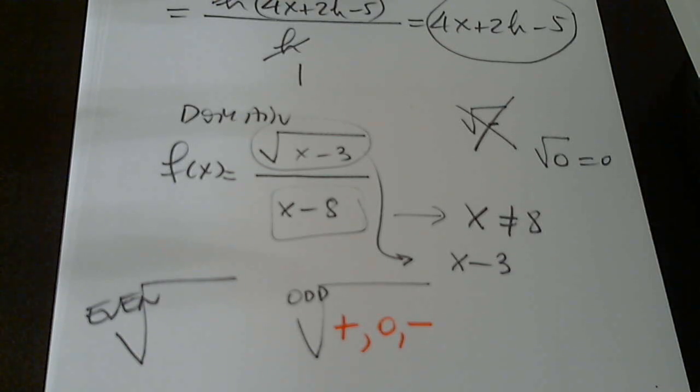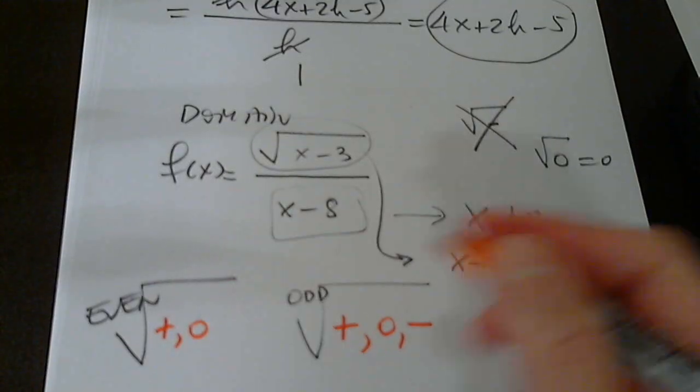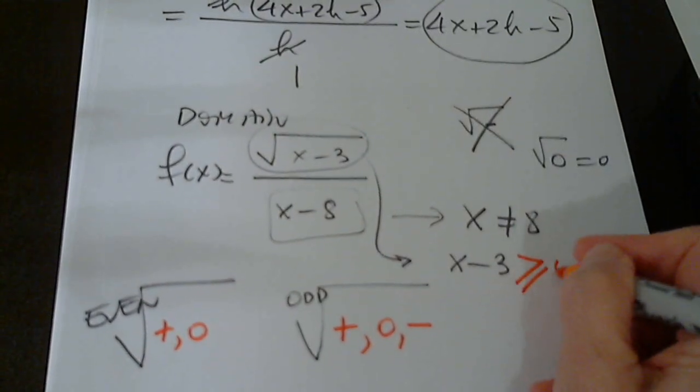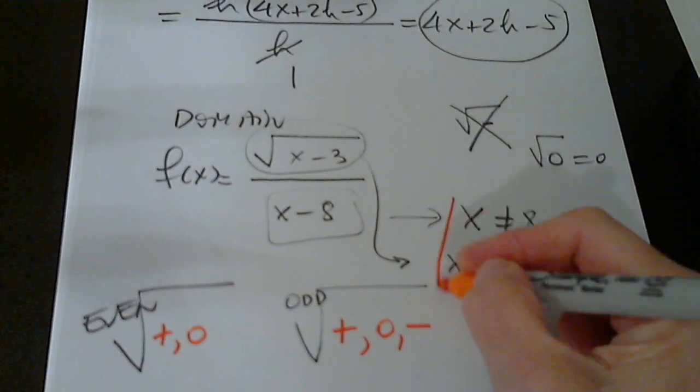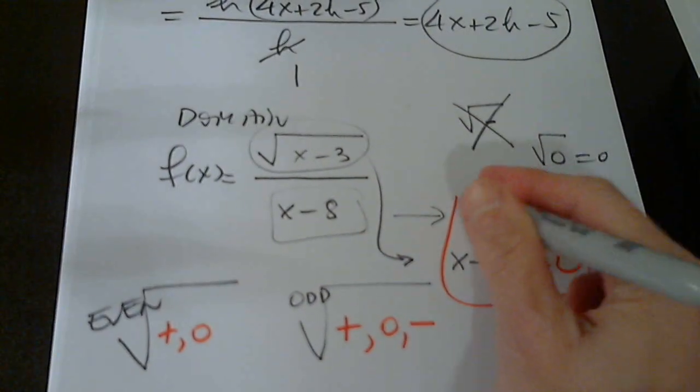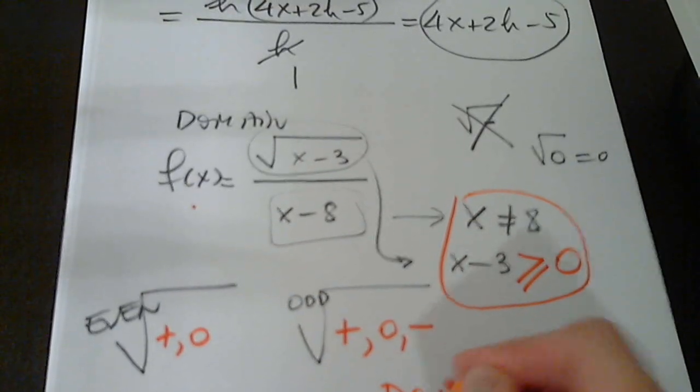There is no negative. Exactly. So then I have to write that x minus 3 is greater than or equal to 0. We had a similar example last time. So these are the two restrictions. And now I have to find the common domain of these two, which is the domain of function f.